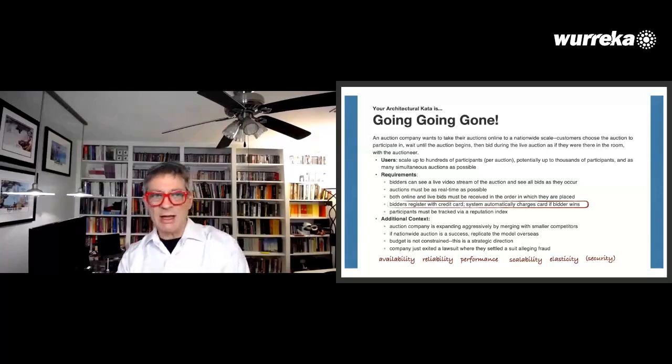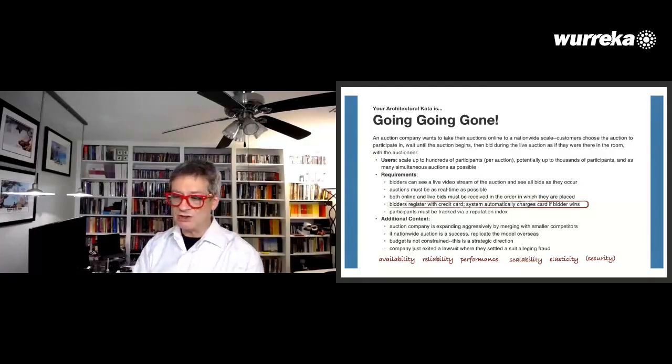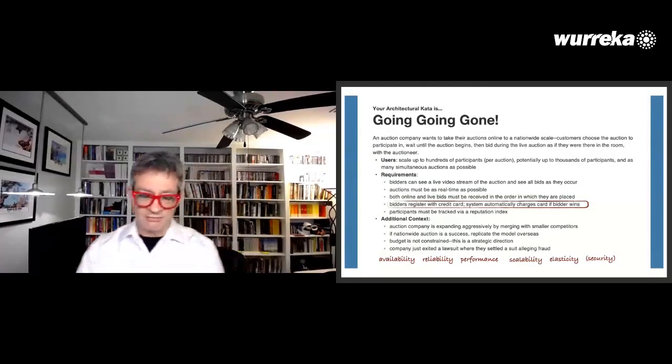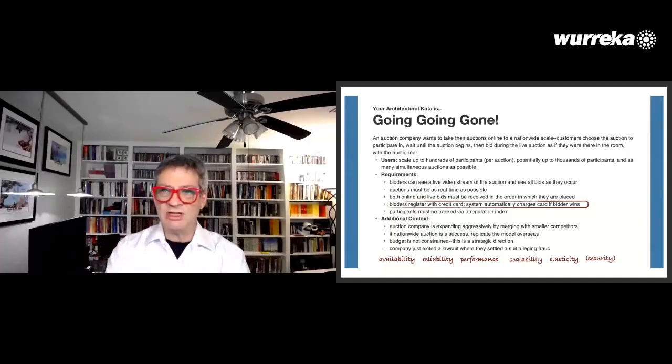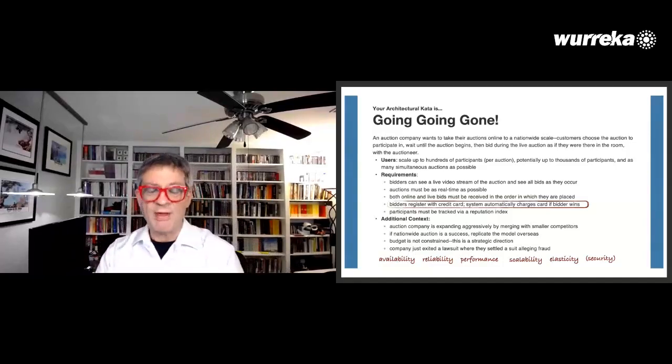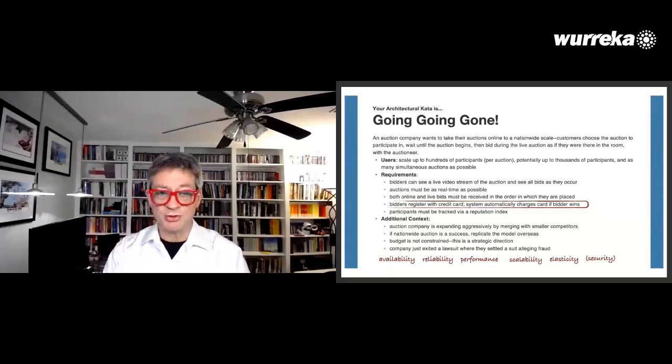Now, that last line in the additional context would make me, as an architect, go find somebody with a higher pay level, so an enterprise architect or a CTO or someone, and make sure that they were okay with us not having a special, for example, a special distributed service that only handles payment.